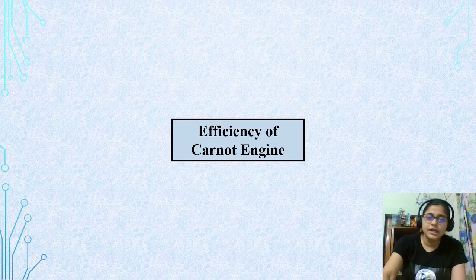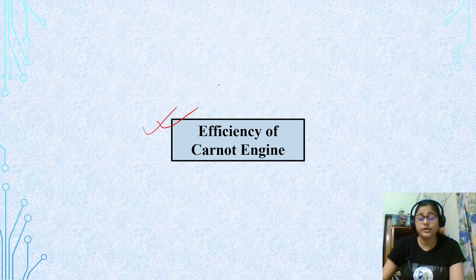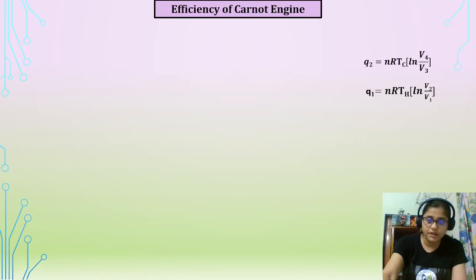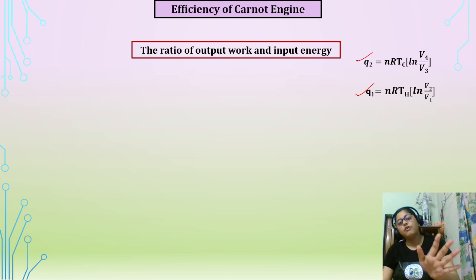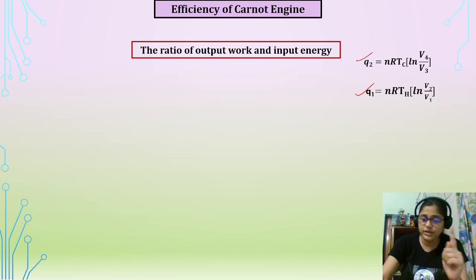Okay. Now coming to the efficiency of the Carnot engine. This is also very important. Many questions are actually asked from this topic. So now we know Q1, Q2 is this. We will be needing this, that's why it is on the slide. So the efficiency is the ratio of output work and input energy.